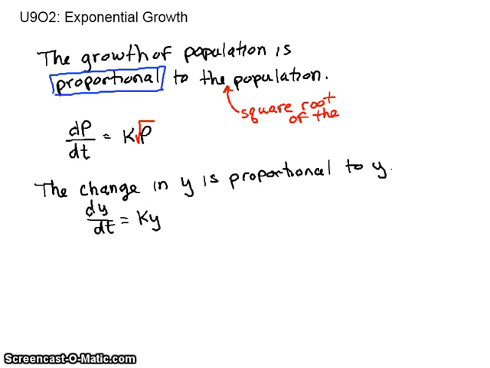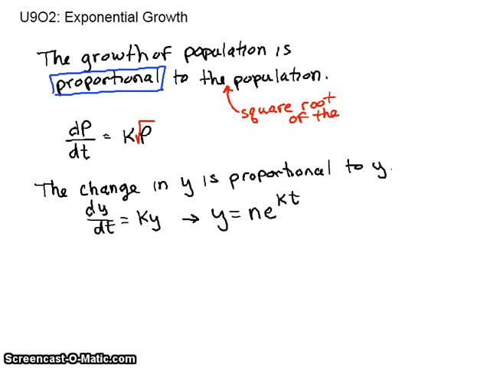And the good news is we have a rule here that we don't have to do any calculus. If the change in y is equal to ky, so if we are changing in Kentucky, right, ky, Kentucky, we know that y is going to be equal to Ne to the kt power. So if we're changing in Kentucky, we get to get necked, like we would say it in Kentucky, right?